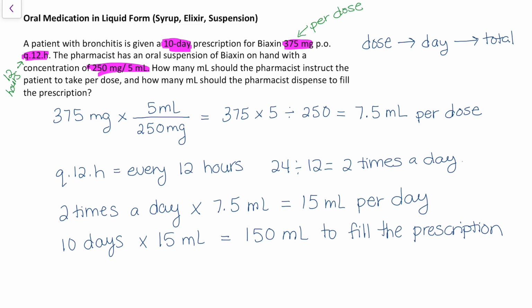How much per dose, how much per day, and therefore how much in total. So this first part tells me how much per dose. I'm then using how often they're taking it to tell me how much per day. And then I'm looking at, well, how many days do I need to give them in total? So dose, day, and then total.